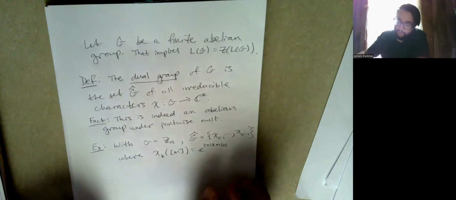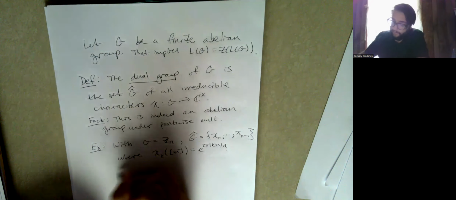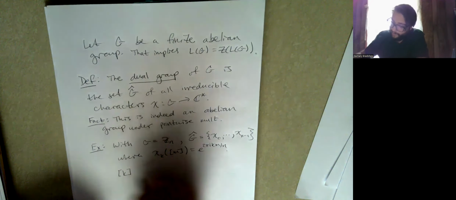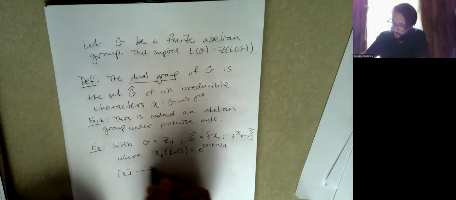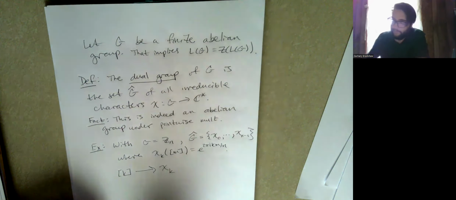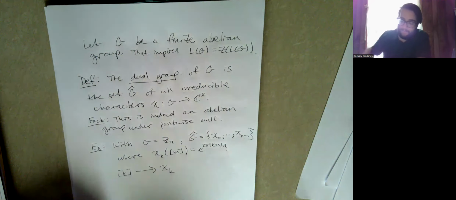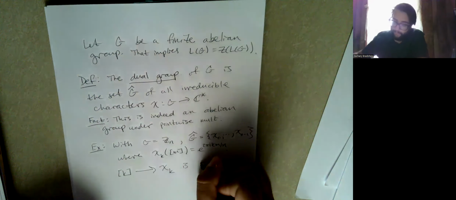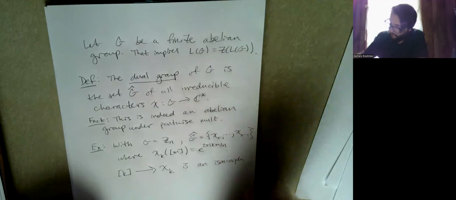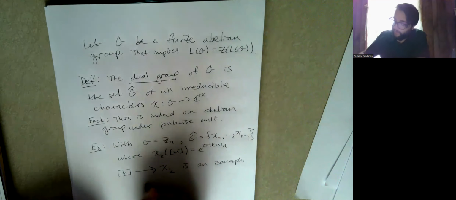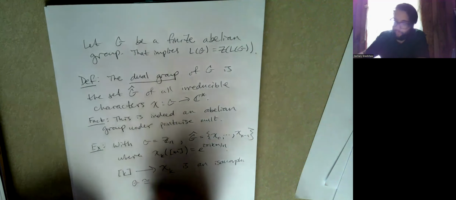And it's easily verified that the map that sends an integer modulo n to the irreducible representation chi k is an isomorphism. In other words, G is isomorphic to the dual group.